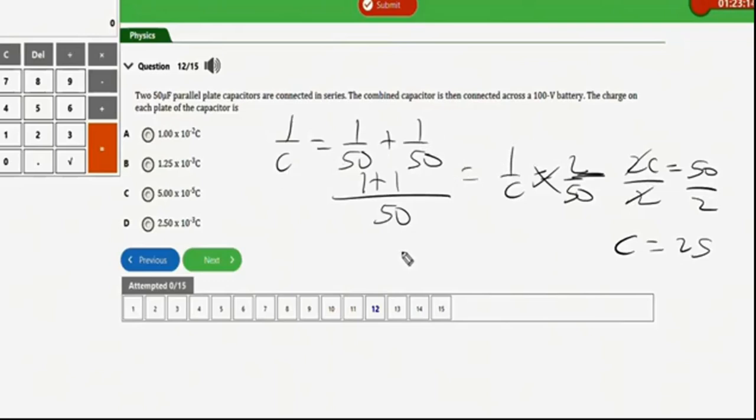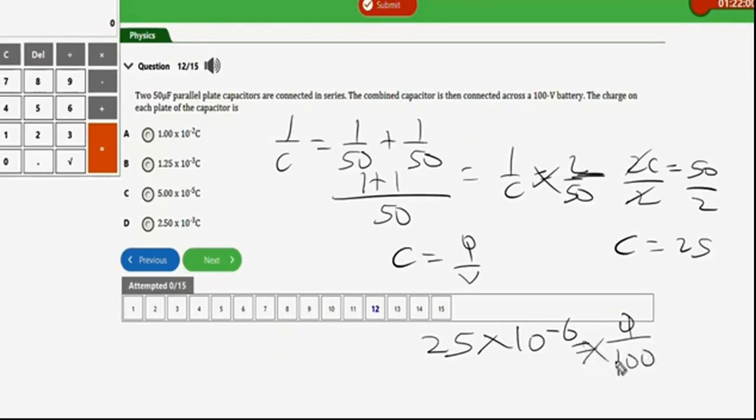So we are looking for the charge. When you apply this formula, capacitance equals charge over voltage, we're going to have 25 microfarad, times the micro value, which is 10 to the power negative 6, equals the charge Q over the voltage, which is given here as 100 volts.